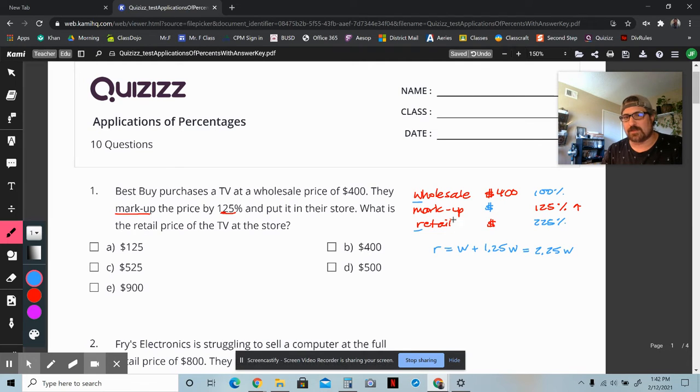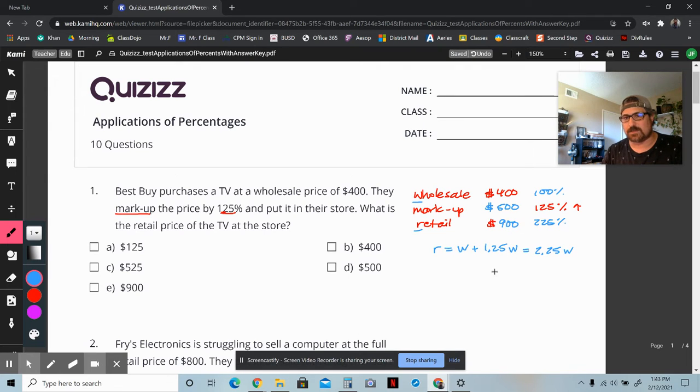So when you're filling in this relationship here, 100% of 400 is 400, and then 25% of 400 is 100. So you're looking at $500 as just the markup. That is purely the markup. They're not selling the TV for $500. They're selling the TV for $900. You have to take that wholesale price they paid plus the profit they want, and then together that's the retail price.